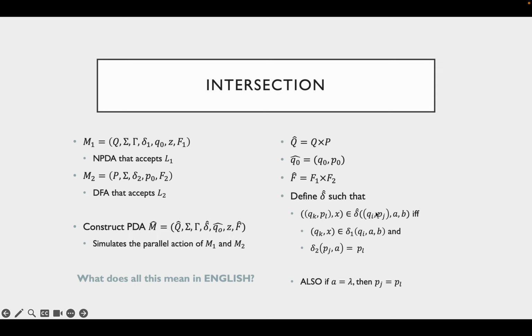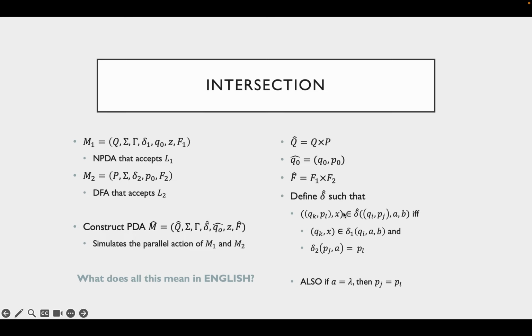So that's what you're seeing here. So what happens now is we're in this combination state. We read an input A, we pop a B off of the stack, whatever the A and B may be. And then we go to QKPL, which is a new state, which is a combination of our old states, and we push an X onto the stack.